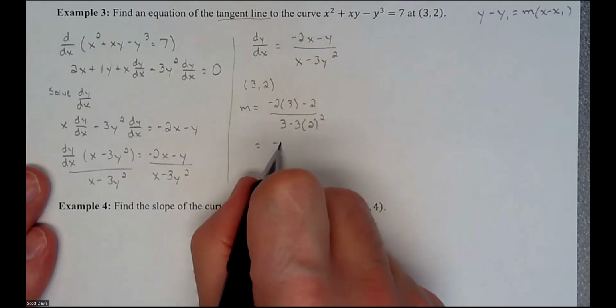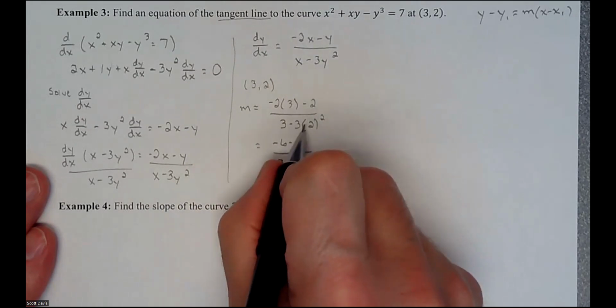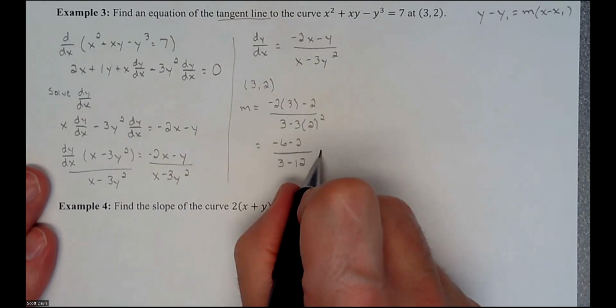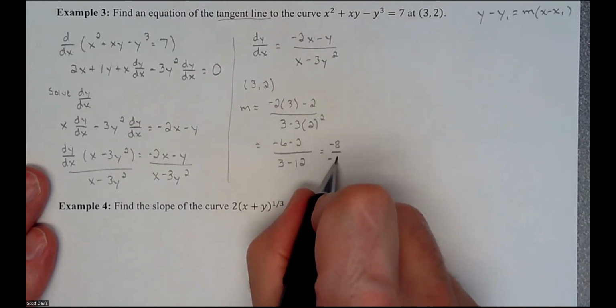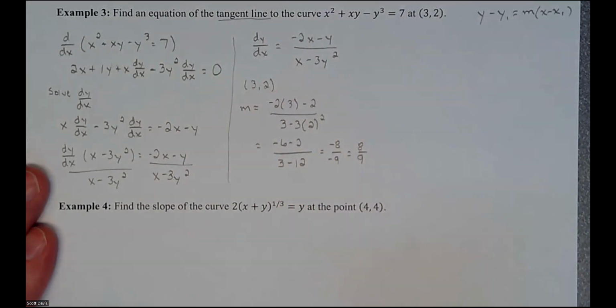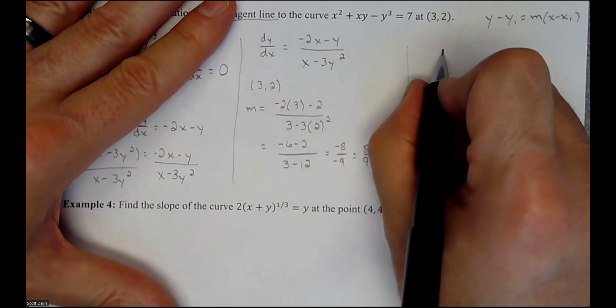So we're getting negative (6 minus 2) divided by (3 minus 12), which is negative 4 over negative 9. So our slope simplifies to 4/9. Now we can go back and start plugging in our coordinate.